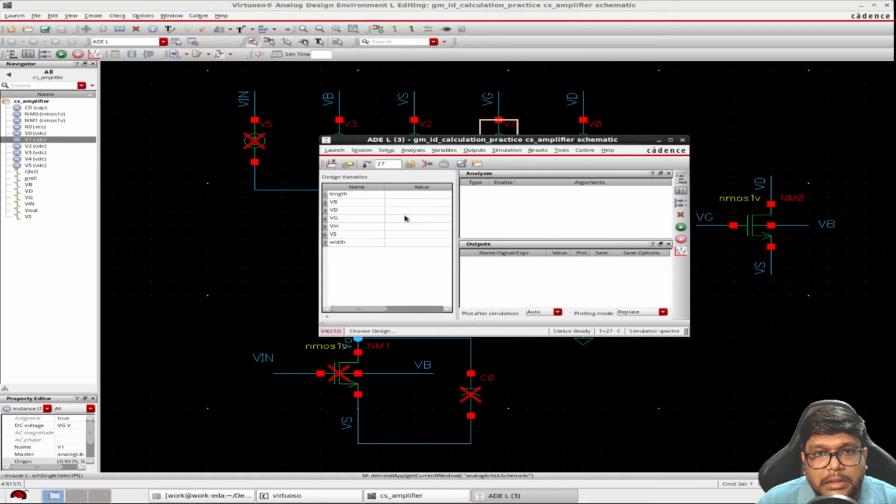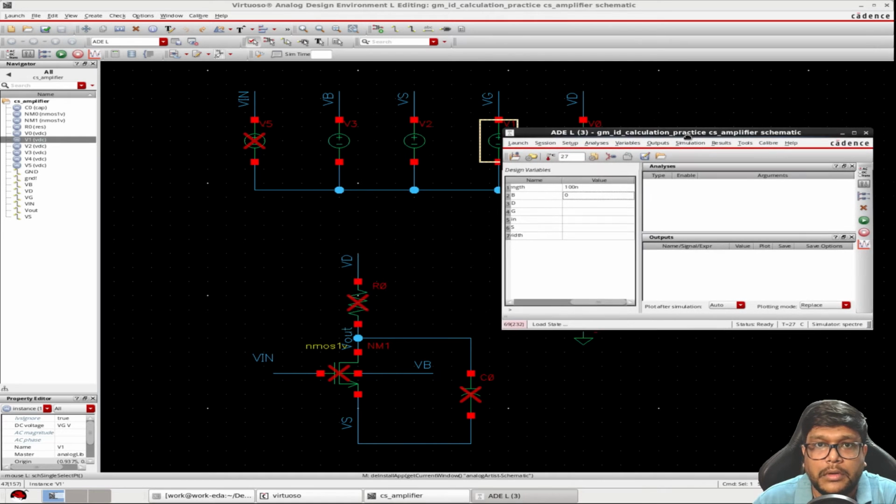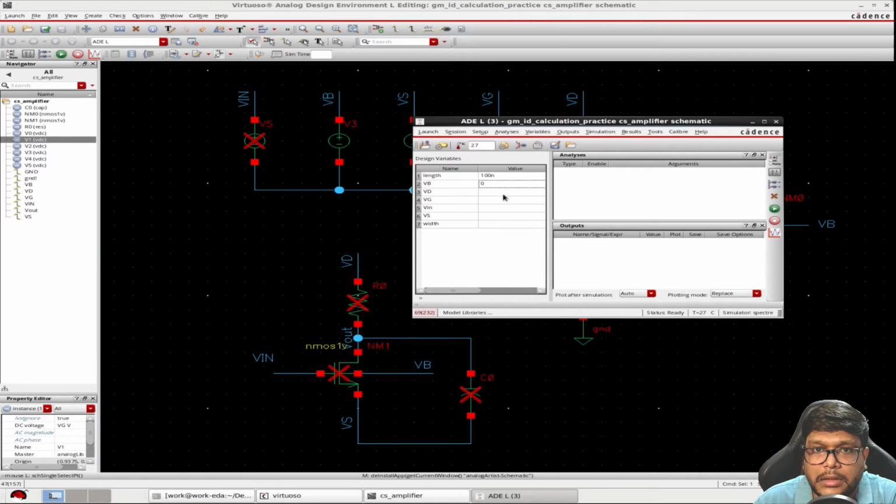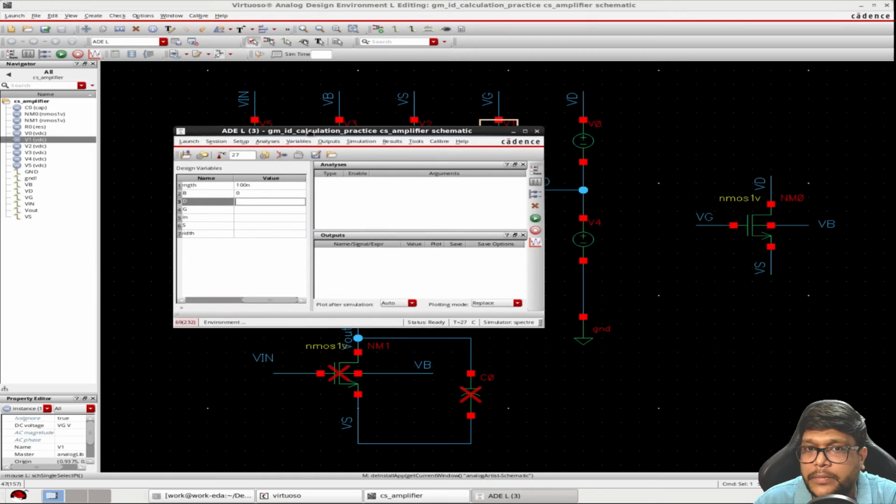Okay, so what are the variables? My length is 100 nanometer, then VB. Since this is NMOS, our bulk will be connected to ground, so the variable will be 0 volt. What will be the drain voltage?